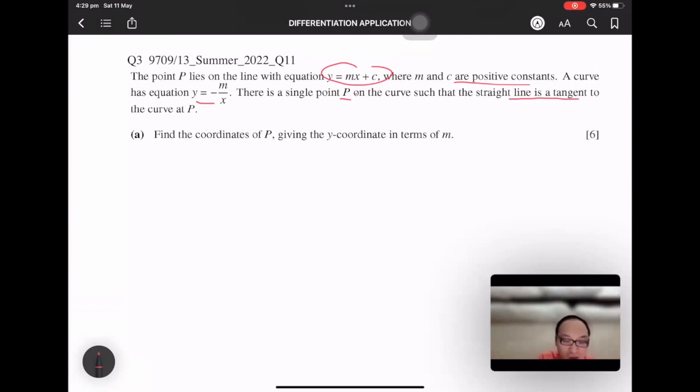So that means we can equate these two equations. So minus f over x equals mx plus c. And I can multiply by x, it's negative f equals mx squared plus cx. So mx squared plus cx plus f equals 0.